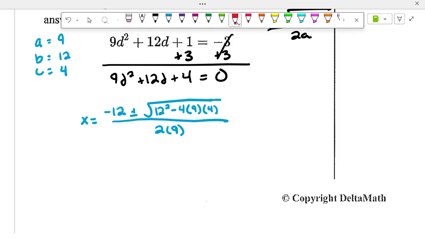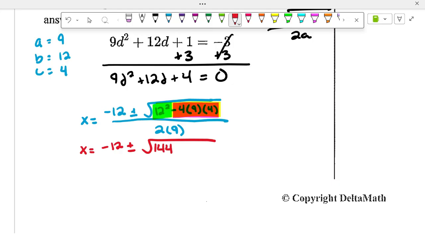All right. If I start simplifying, I typically like to start under the radical. So what I typically do is the square on its own, and then I multiply the negative 4 times 9 times 4 on its own, and then I bring them back together. So I got negative 12 plus or minus the square root of, what's 12 squared? 144.